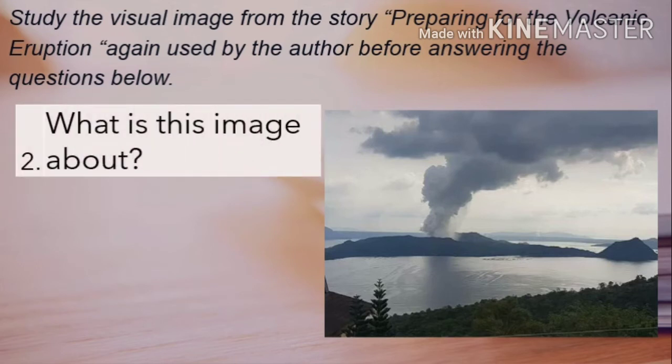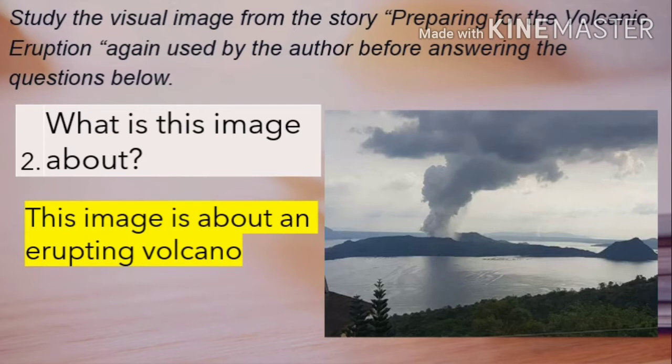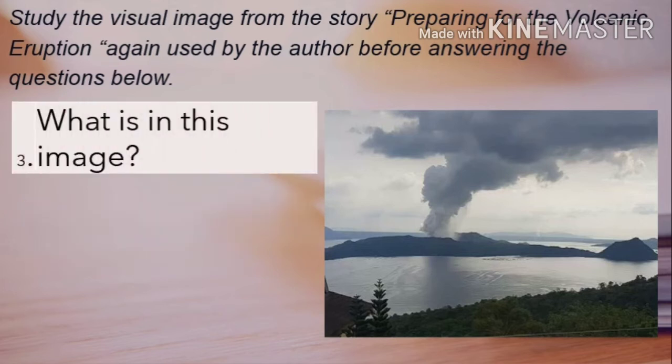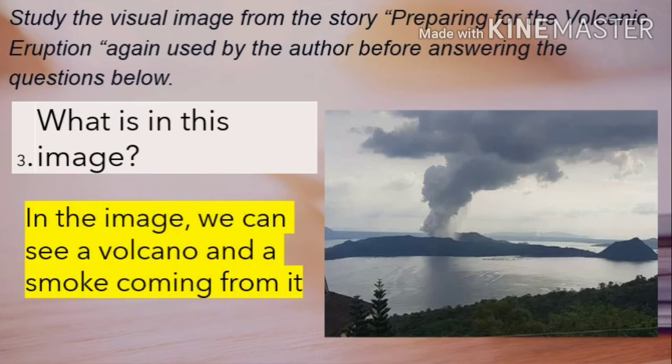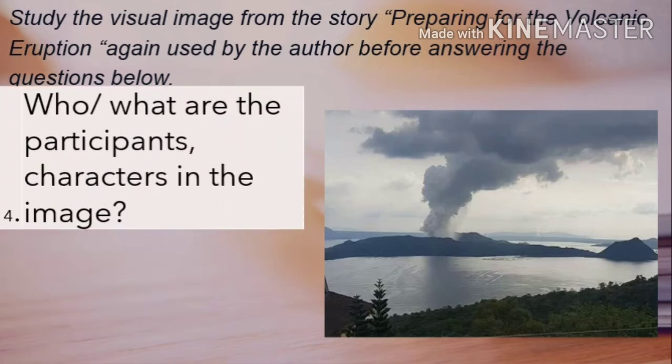What is this image about? As we can see, this image is about an erupting volcano. What is in this image? In the image, we can see a volcano and smoke coming from it. Who or what are the participants or characters in the image?